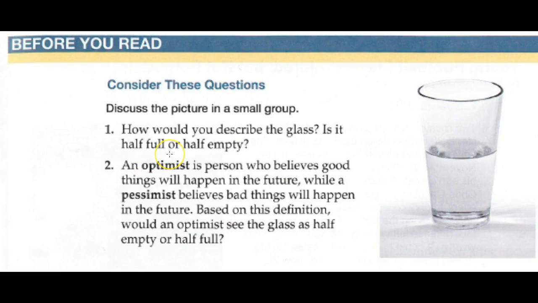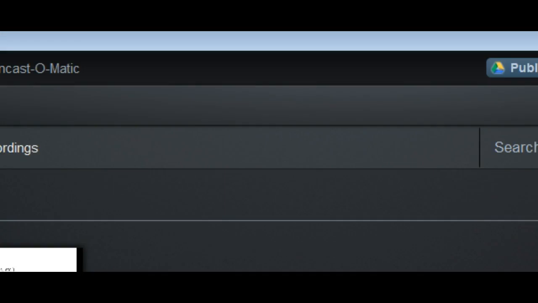Is it half full or half empty? Okay, so in your notebook, go and write it is half full or it is half empty. Okay, if you don't know those words, look them up in a dictionary.